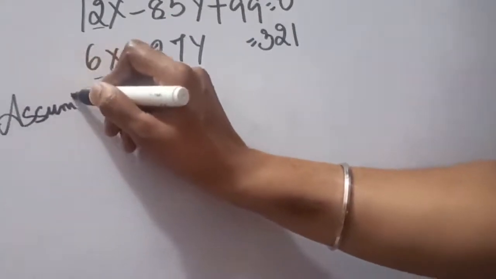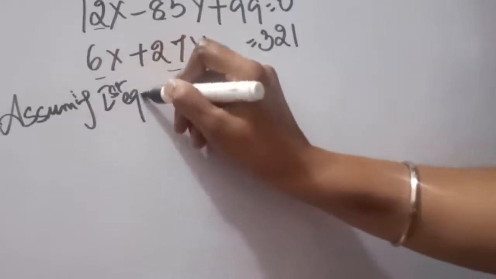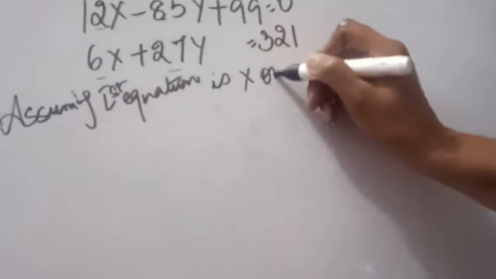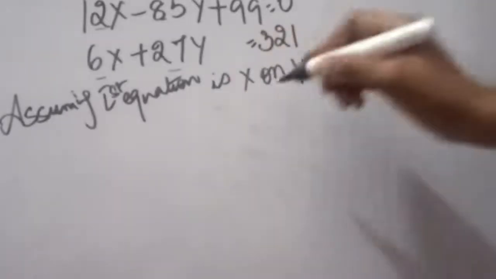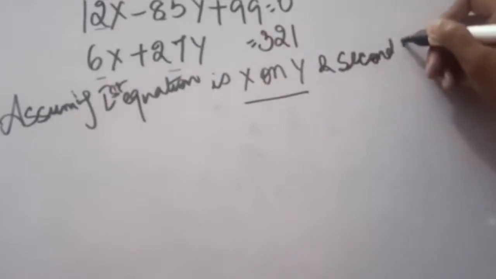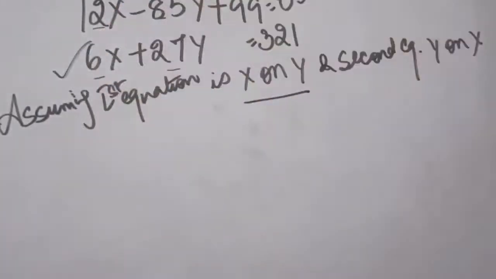So I am going to assume the first equation is x on y. I am just assuming because I do not know. So the first equation is x on y and my second equation is y on x.